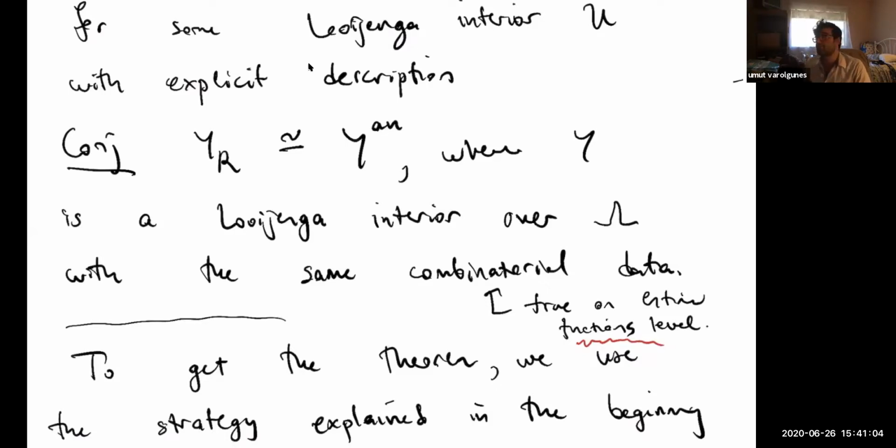One way to explain what this kind of Looijenga interior means is you take some fan, construct a toric variety over the Novikov field, and then do some non-toric boundary blowups in the interiors of the components of the toric divisor. There you have a whole lambda star worth of points to choose, and moving the ray in the transverse direction should correspond to blowing up points with different valuations.